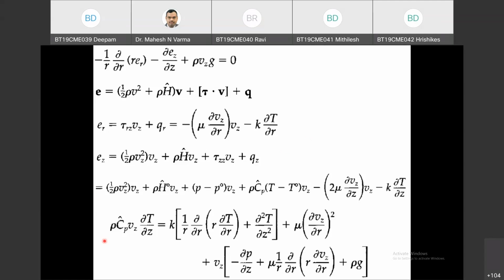Roll number 46, Aishwarya. Whether velocity is a function of z? Yes, sir, velocity will be a function of z. No, Vz is a function of r. Velocity is not a function of z.